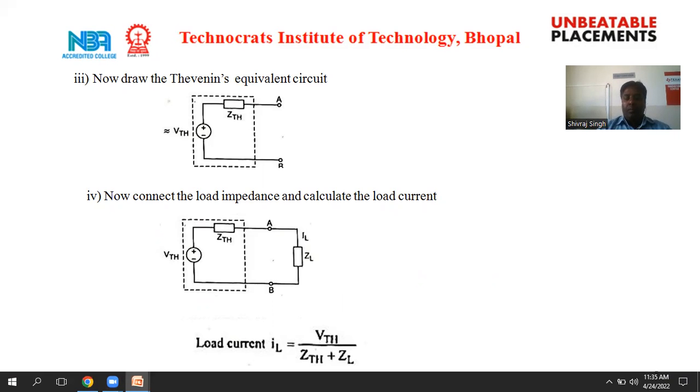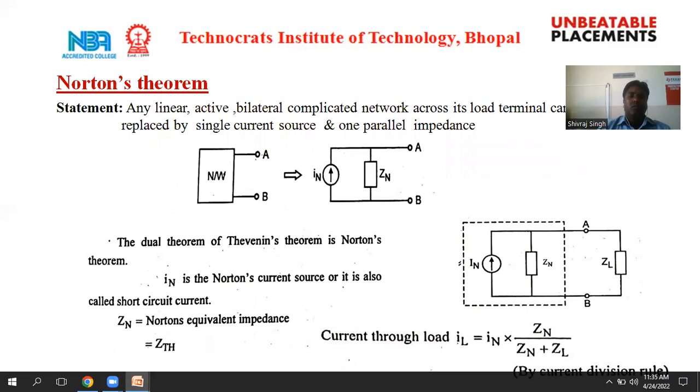Again, we will discuss Norton's theorem. According to Norton's theorem, any linear, active, bilateral complicated network across its load terminal can be replaced by a single current source along with a parallel impedance.